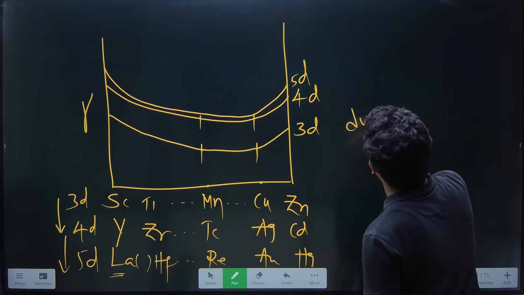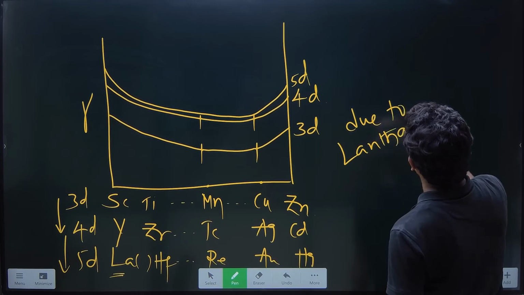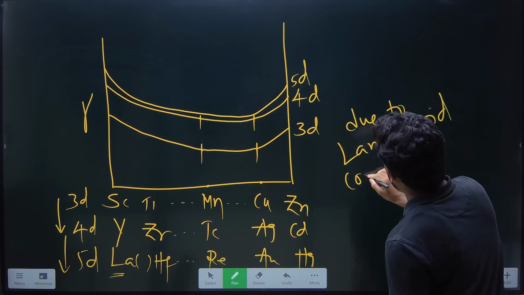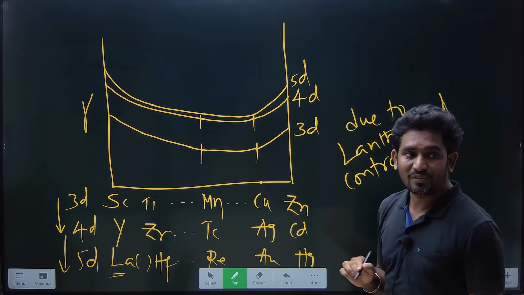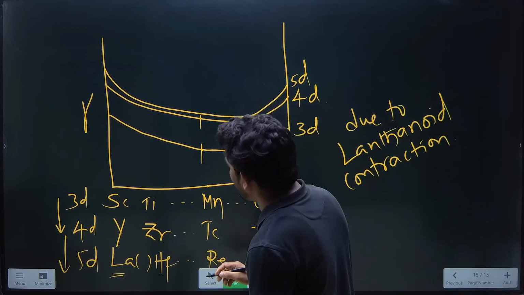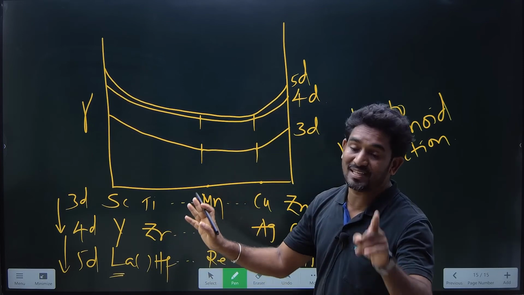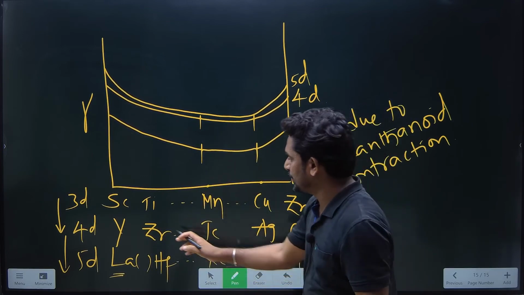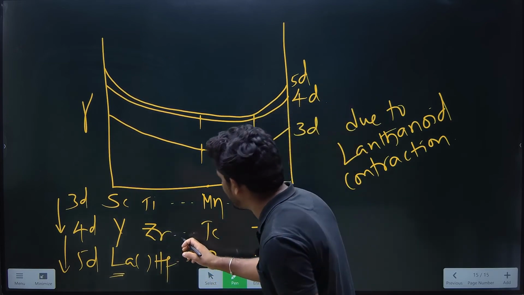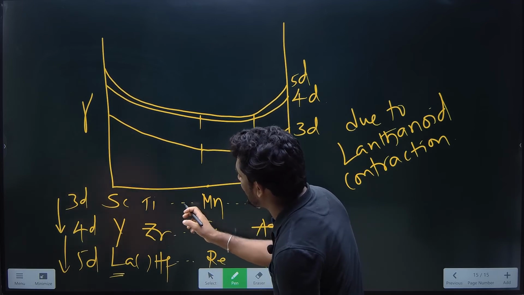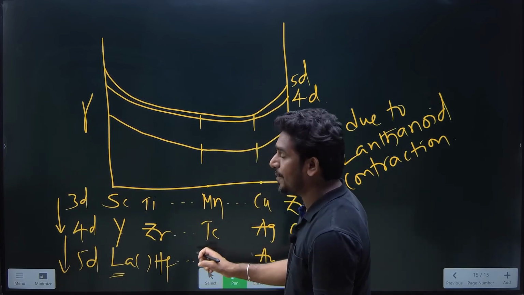Due to lanthanide contraction, what happens, the radius of zirconium and hafnium becomes the same, approximately the same. Zirconium and hafnium have the same radii. और भी इसमें क्या होता है, अभी नेक्स्ट एलिमेंट क्या है, टाइटेनियम, वेनेडियम, नियोबियम, टांटलम. ठीक है, राइट.